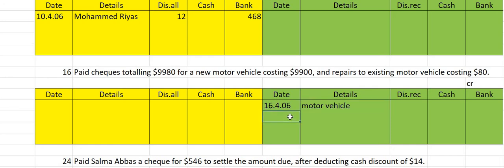One is for motor vehicle. Again on the same date, you paid for motor vehicle repairs. Right? And you paid by cheque, 9,900 for motor vehicle and the remaining 80 for repairs. If you paid by cheque, you enter it in the bank column. So 9,900 and then again 80 for the repairs.